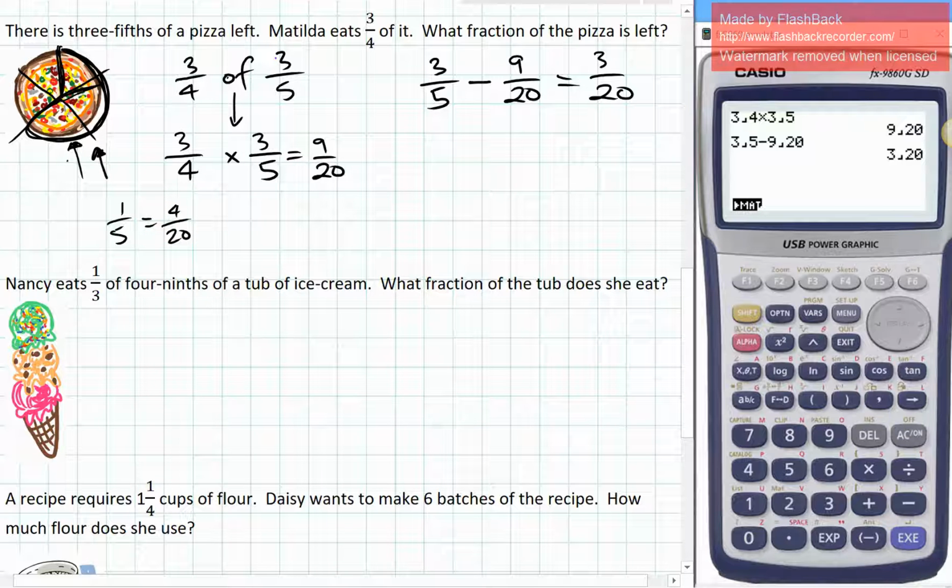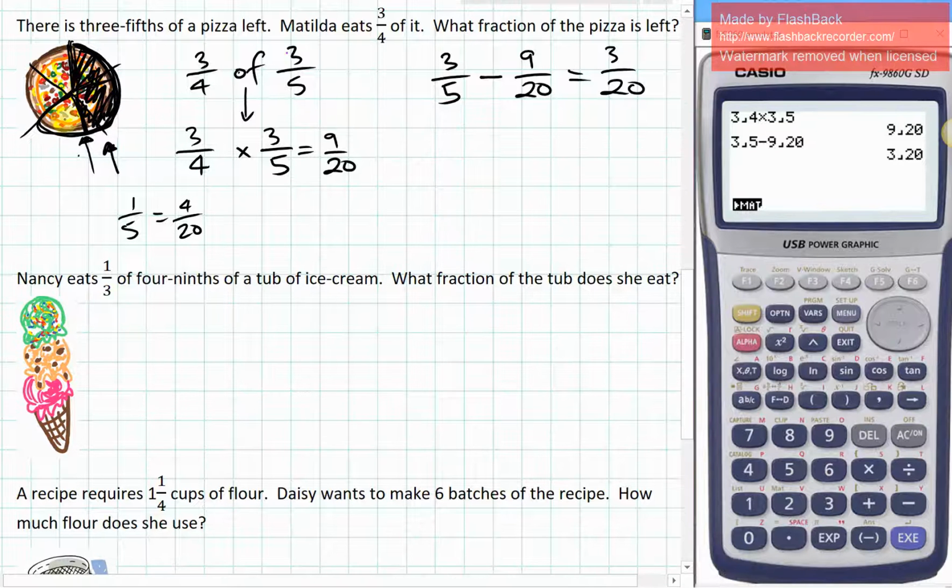We know she eats 9/20, so it's about that part, which is 8/20, and then one more 20th from here. So she eats this part here. We know there was only 3/5 left, so what is left of the pizza is 3/20. So 3/20 of the pizza is left.